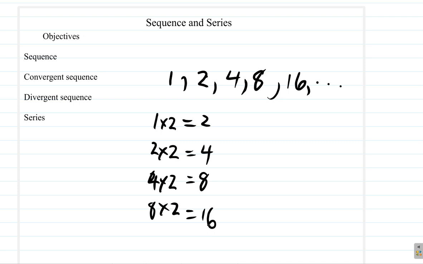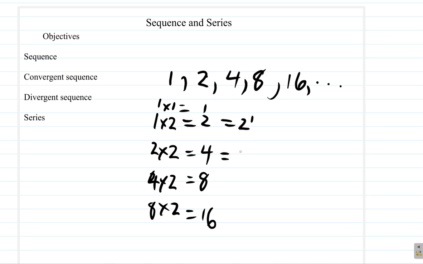Now let's look at this. We had said you could multiply each term by 2 to get the next term. But let's write these as the powers of 2. 2 is 2 to the power of 1.